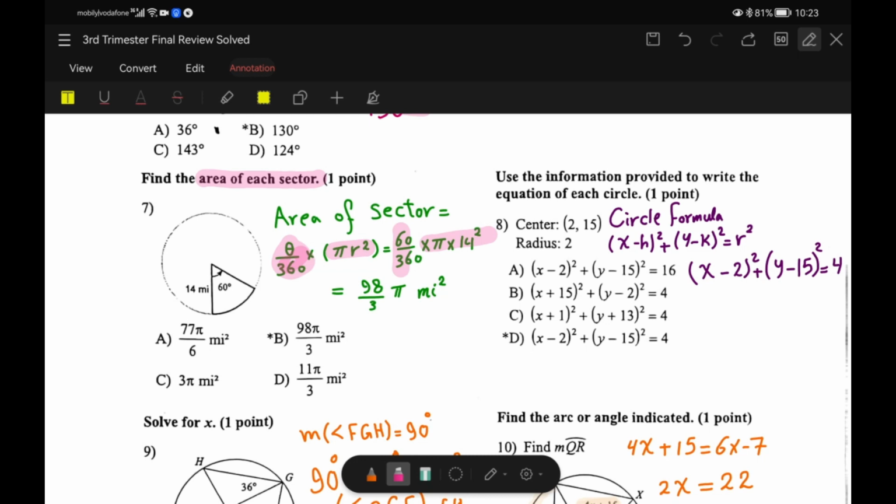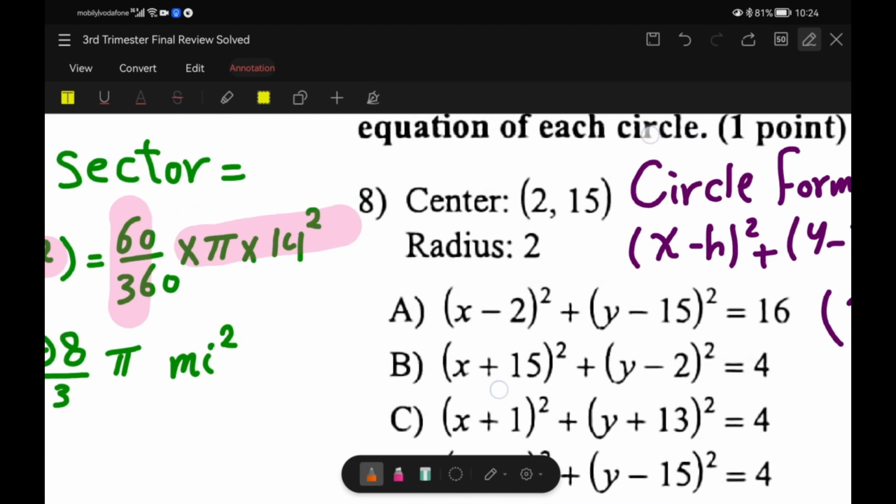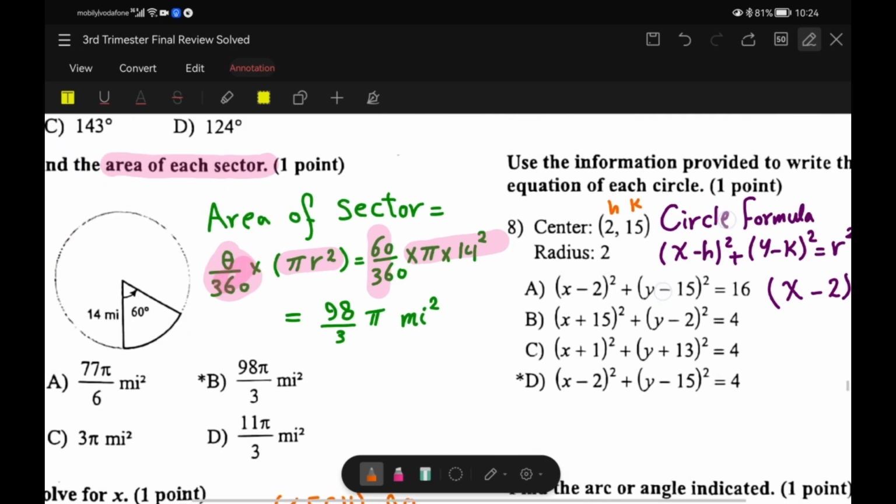At number 8, use the information provided to write the equation of each circle. Okay, we have here the center coordinates and the radius. Before we start, you have to know that the first coordinate of the center point is called h, and the second coordinate, the y coordinate of the center, will be k.